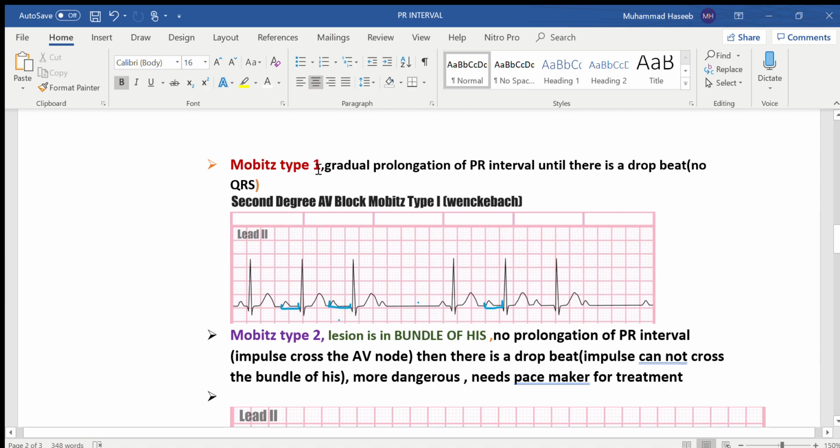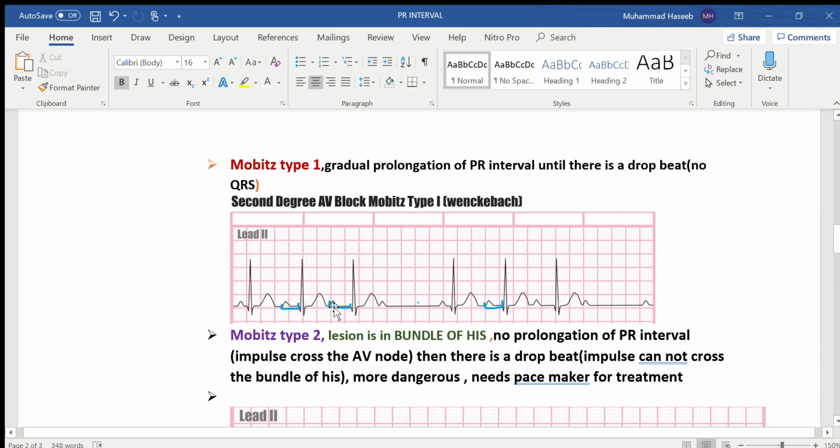In Mobitz type 1, what happens? There is a gradual prolongation of the PR interval until there is a drop beat. A drop beat means no QRS complex. Here you will see in the example, this is a strip, lead 2. Here is your PR interval. This PR interval is more than normal, prolonged.